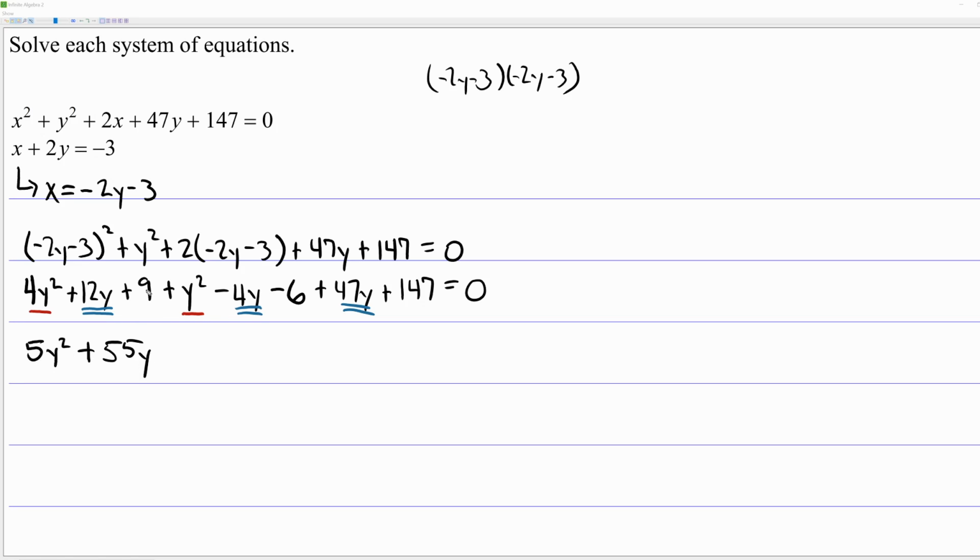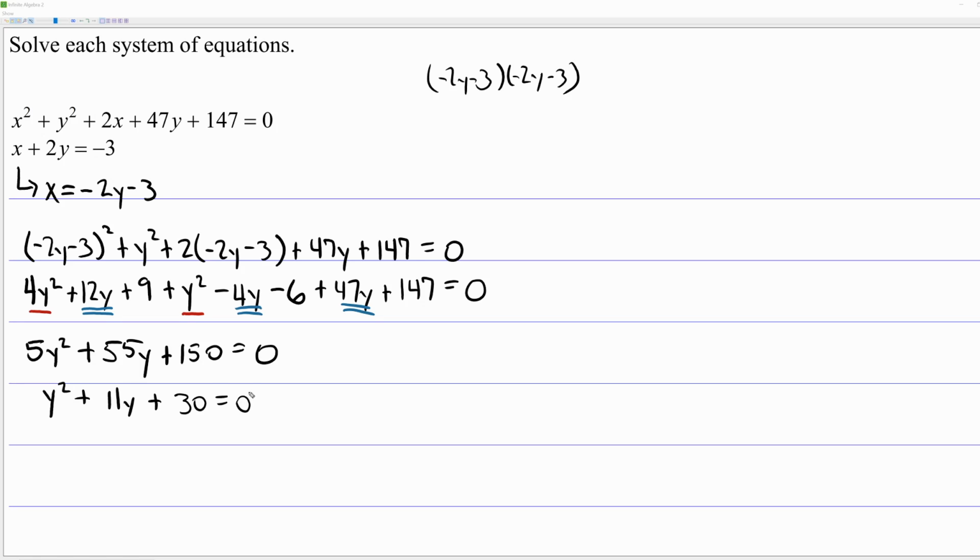And then we have 9 minus 6 is 3. 3 plus 147 is 150. So I think I'm on the right track. A computer program is designing nice math problems. Everything being a multiple of 5 is a good sign. So I'm going to divide everything by 5. We have y squared plus 11y plus, let's see, 150 divided by 5 sounds like 30.